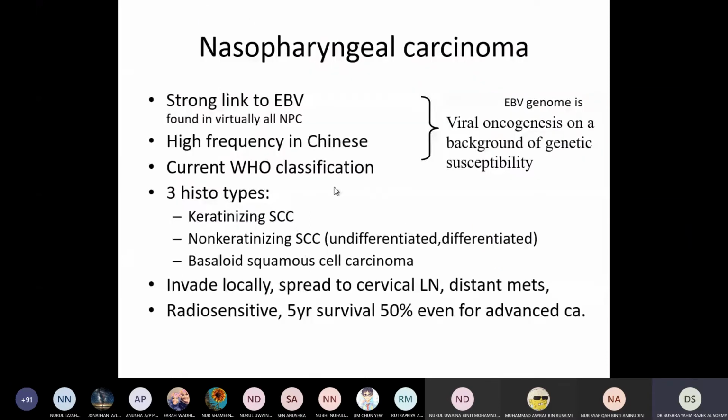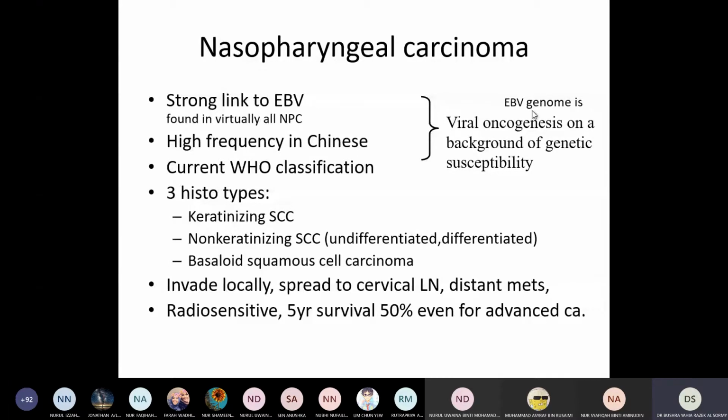Okay, second topic is nasopharyngeal carcinoma. It is strongly associated with Epstein-Barr virus infection, and it is said to be most frequent in the Chinese.